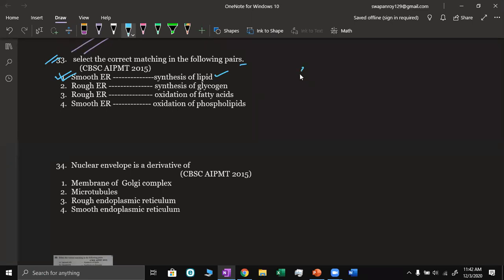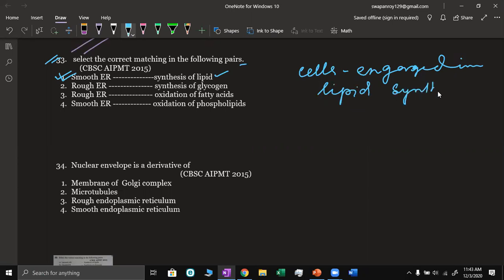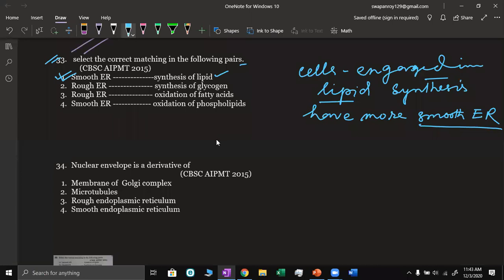Cells engaged in fat synthesis, cells which are engaged in lipid synthesis, have more smooth ER.